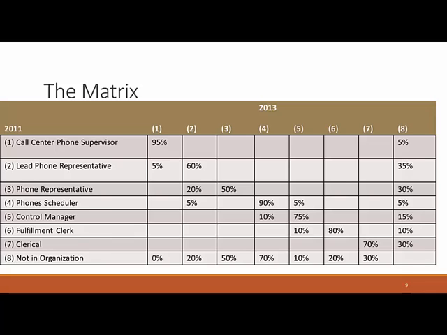In 2013, we go vertical now, and 50% of the phone reps were still phone reps, and 50% of the new ones came from the outside.